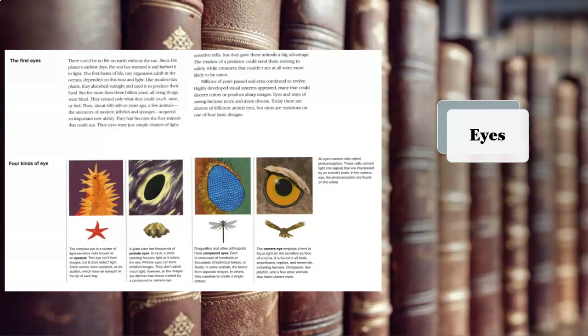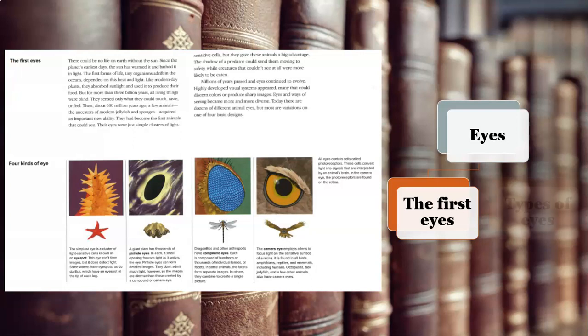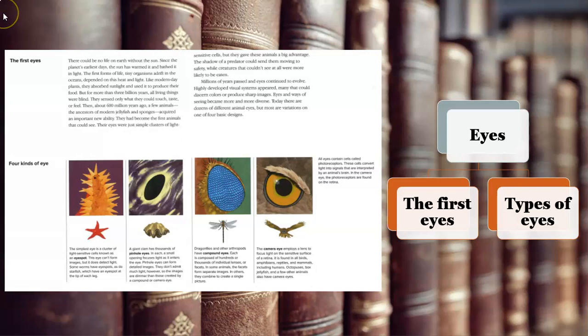However, on these two pages, I can see that we can break down eyes into subcategories like the first eyes at the top of our page and the types of eyes. Interesting. I wonder if we continue to look at this example from page 3 and 4, if we can see any other ways that the information is organized. Spoiler, I think we can.